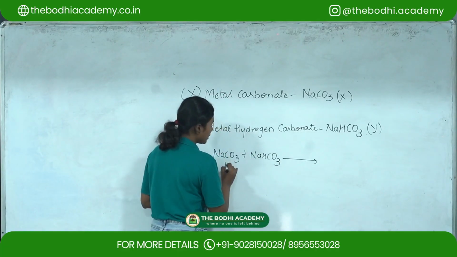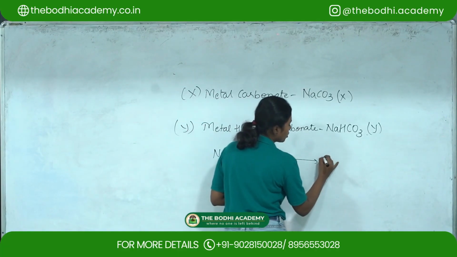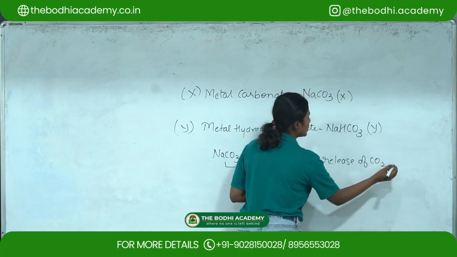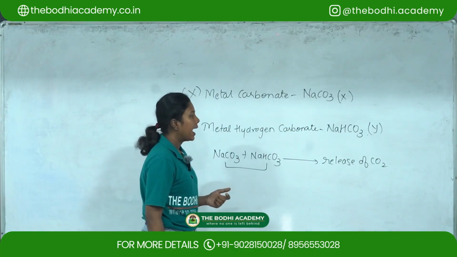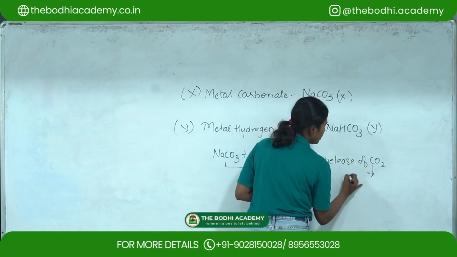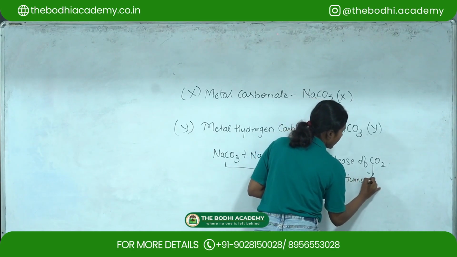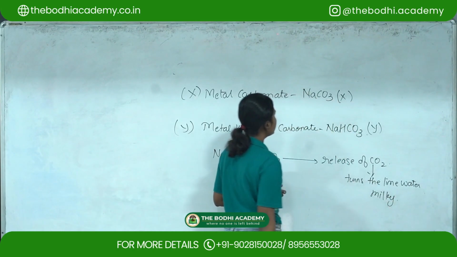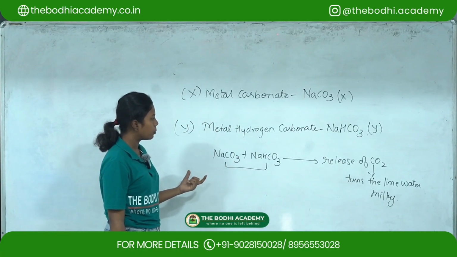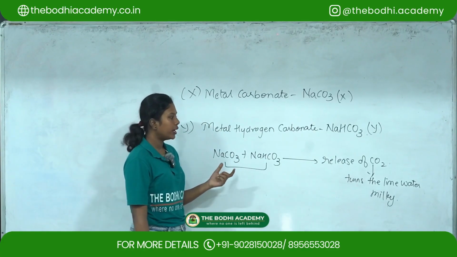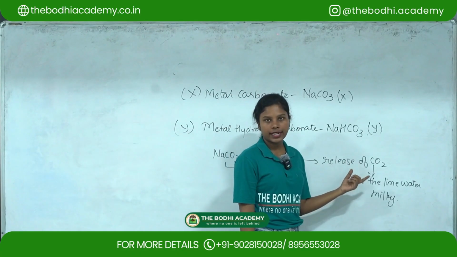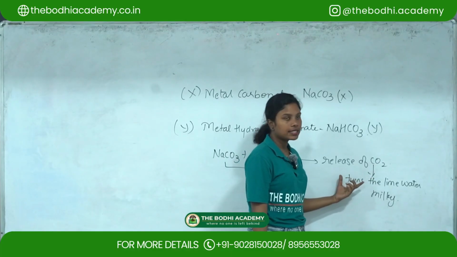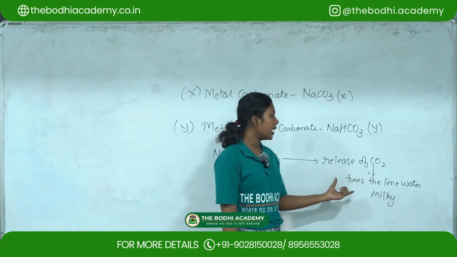Because whenever this reaction occurs, there is a release of CO2, that is carbon dioxide, and this carbon dioxide turns the lime water milky. So whenever there is a reaction between a metal carbonate or a metal hydrogen carbonate and an acid, carbon dioxide gas is released, and this is the reason that the lime water turns milky.